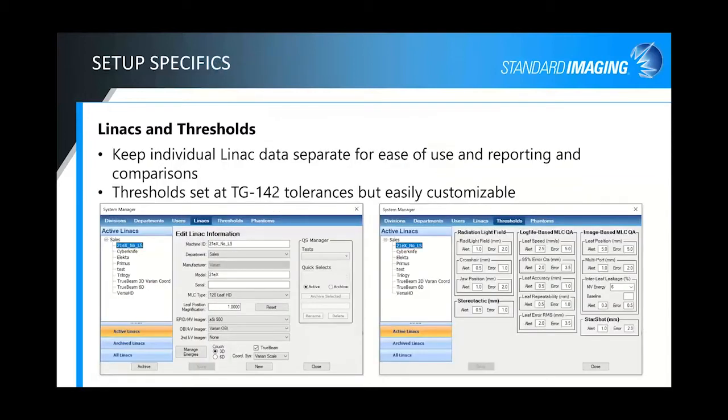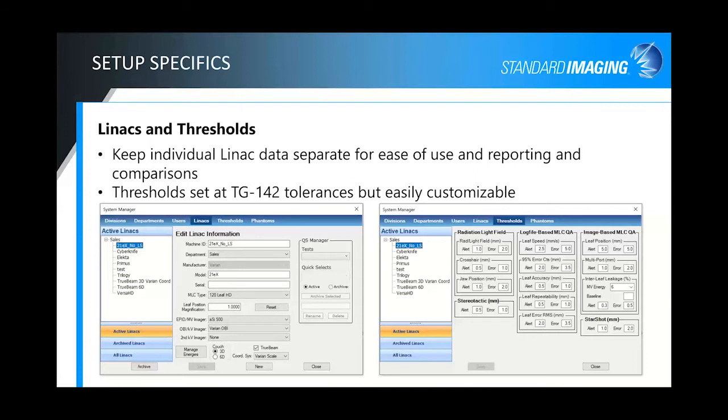As I mentioned, the divisions and departments and the users, we also have the individual LINAC database information set in. You set up your individual LINACs accordingly, whether you've got what type of MLCs you have, what type of EPID imager, or if you have OBI on it, or the KV imagers. Also, whether you have a 6D or a 3D couch, things like that.